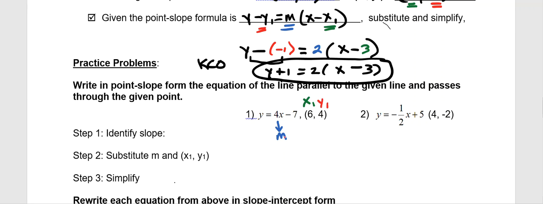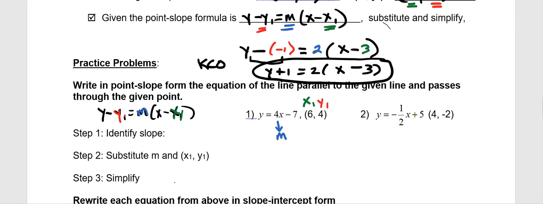And we're simply going to substitute the values into what is necessary in the point slope formula. I'll just write the point slope formula over here: y minus y1 equals m parentheses x minus x1. Keeping in mind that we're substituting for m, for x1, and for y1.